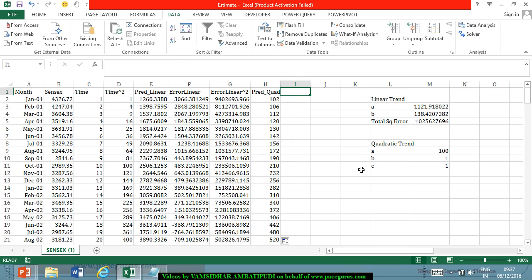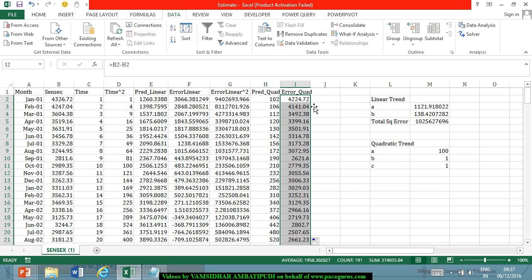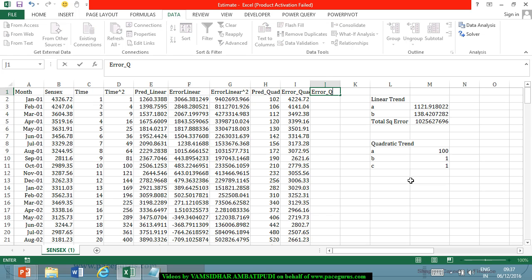Based on that I can get error quadratic, which comes out as the actual value for that period minus the predicted value, working out to this much. Based on that I can take error quadratic squared, which is the square of this particular number.